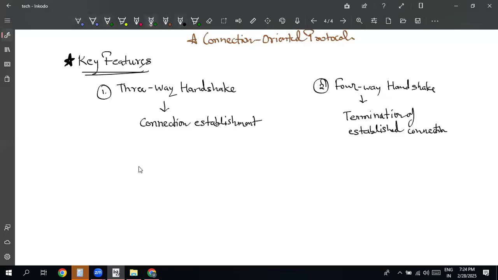I'm assuming that I am PC1, and PC1 is trying to communicate with PC2. In this scenario, PC1 and PC2 want to transfer data between them.